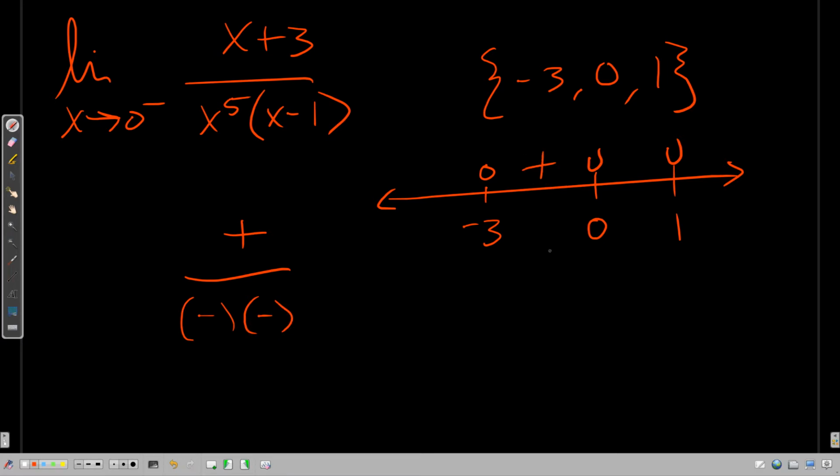So it is positive in this interval. And since the denominator is going to 0 right there, because I would be putting in numbers very close to 0 for x, it's going to one of the infinities, and it must be positive infinity.